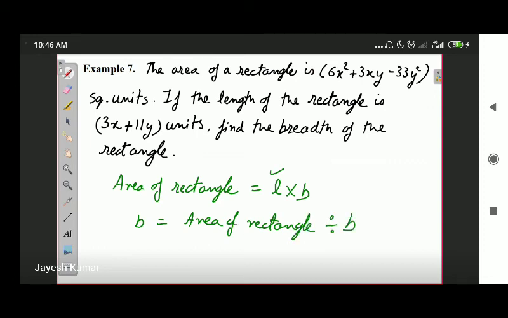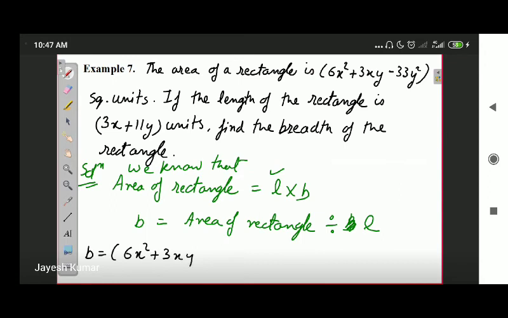We know that area of a rectangle is L into B. Therefore, the value of B is equal to area divided by length. Okay, so now we will put in the values. Now B should be equal to the area of the rectangle, that is 6x square plus 3xy minus 33y square, divided by the length of the rectangle, that is 3x plus 11y.